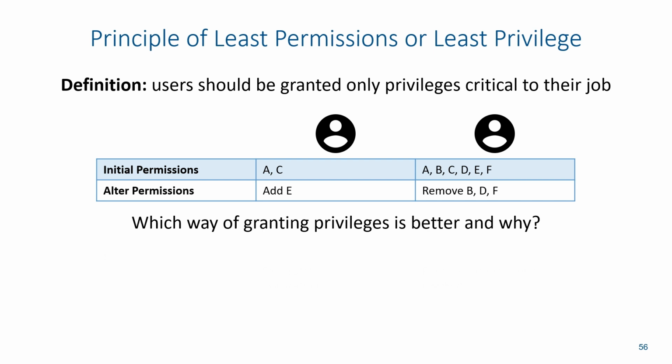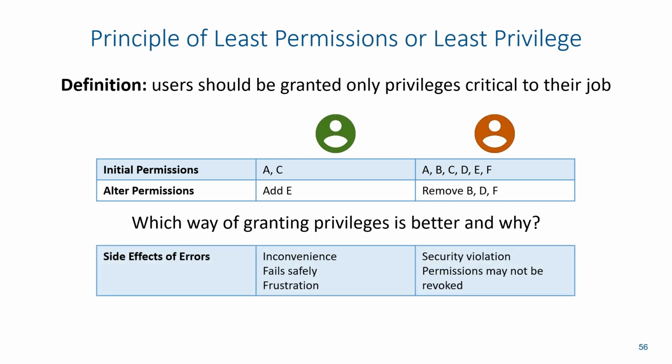First of all, the one on the left is better. Why? Because the side effects of errors with the first one are that it's inconvenient, it fails safely, and it may lead to frustration. A person may not be able to do their job, which is inconvenient, but those permissions could eventually be granted. Whereas the side effect for the right side is a security violation.